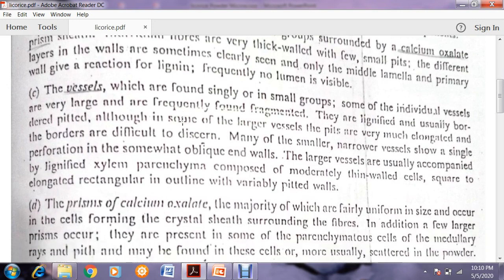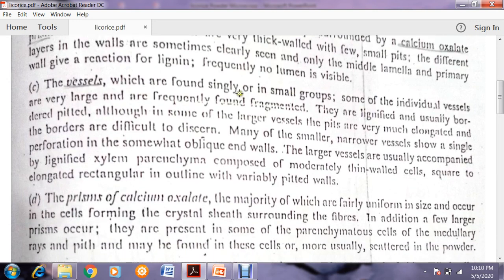Now the third one is vessels, which are found singly or in small groups. Some of the individual vessels are very large and are frequently found fragmented. They are lignified and usually bordered pitted, although in some of the larger vessels the pits are very much elongated and the borders are difficult to discern.